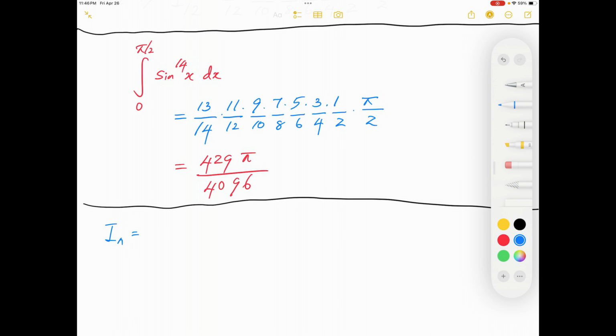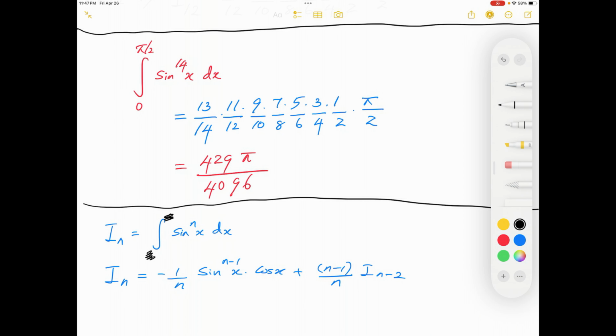Alright, I need to make a couple of comments. First comment. Remember, we started the reduction formula by writing the given integral sine nth power x dx as I sub n. And we used the reduction formula I sub n being equal to negative 1 over n times sine raised to the n minus first power x times cosine x plus (n minus 1) over n times I sub (n minus 2).